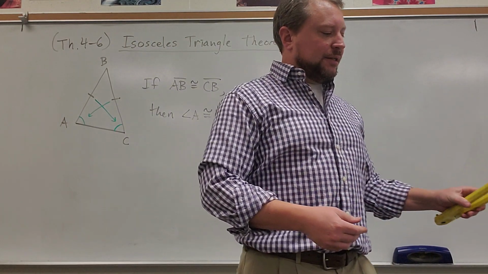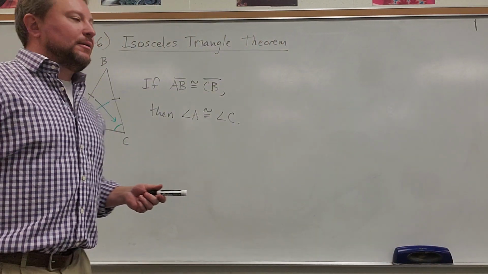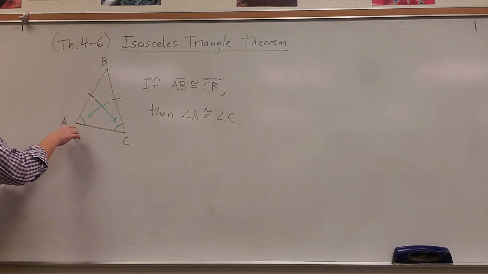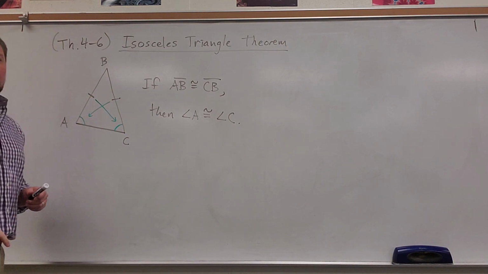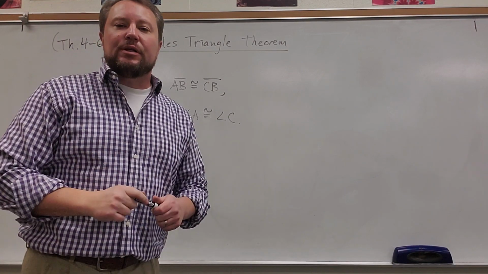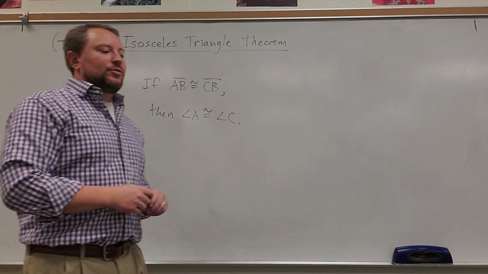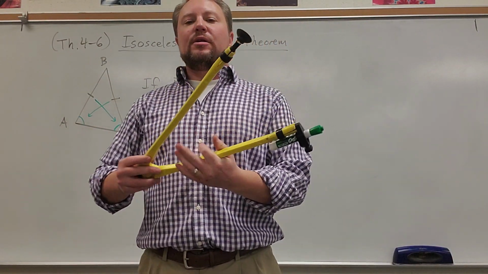So on this lesson, you do need to understand opposites, because we talked about that previously: the opposite of this side would be this angle, and the opposite of that side is this angle. We talked about that on day one when we covered this chapter, when we talked about triangles in general. But there's always a direct relationship between an angle and its opposite side.